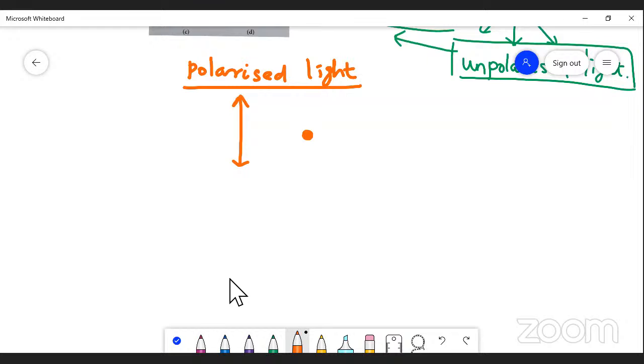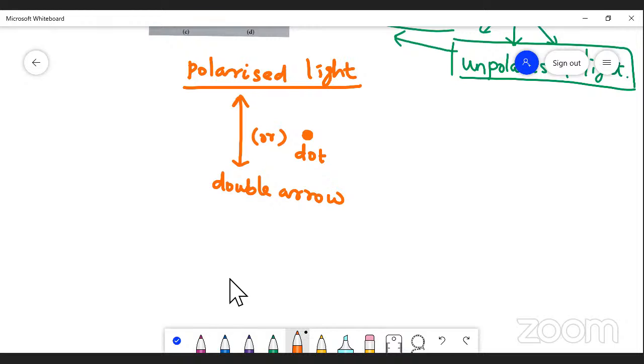That light can be represented by either double arrow or dot. So both the double arrow and the dot represent polarized light. But what is the difference between a double arrow and the dot? The double arrow represents a polarized light.